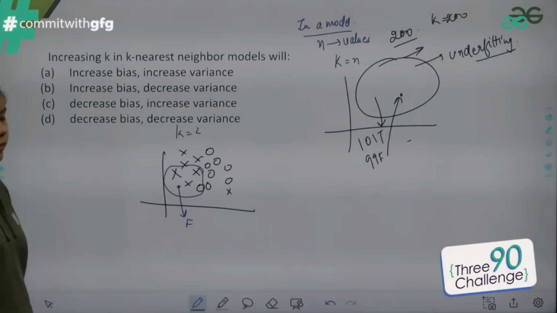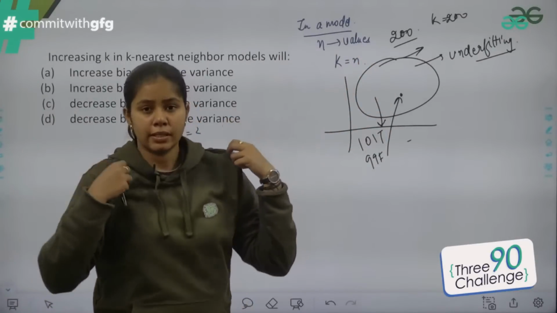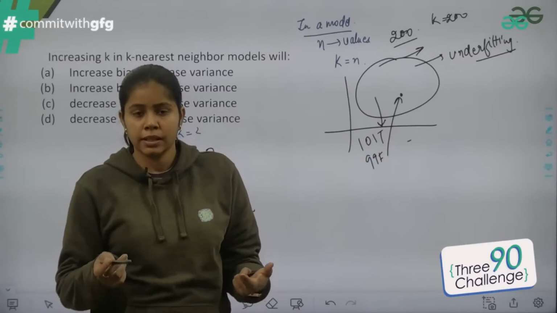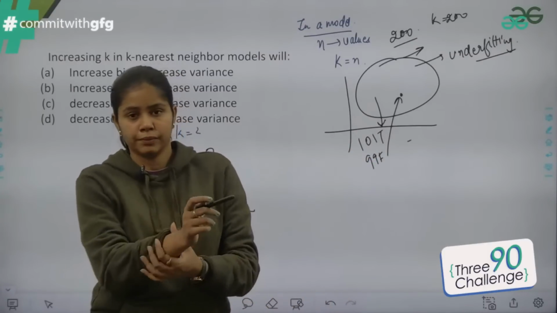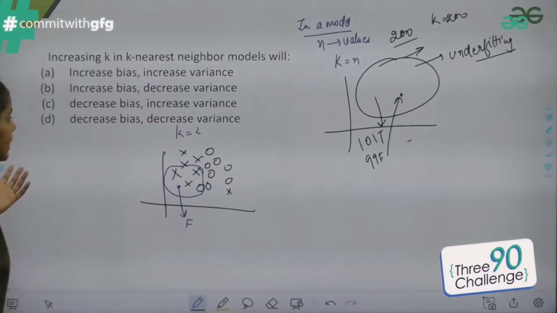If this is a case of underfitting, then what would be the effect on bias and variance? In underfitting, what happens? High bias, high variance, right? So you can see that in this case our bias gets increased. Testing error gets increased here, training error gets increased here, because this is a case of underfitting.